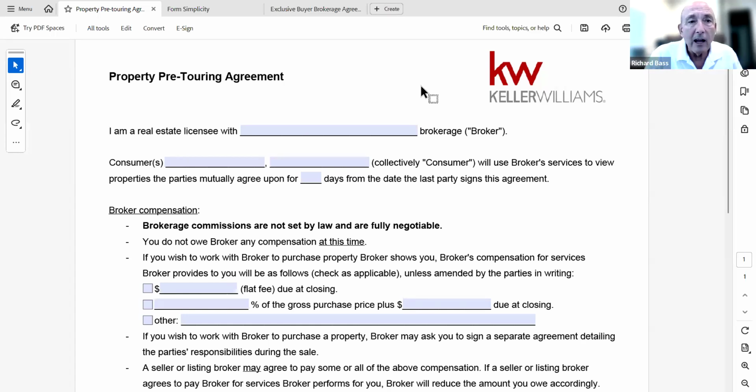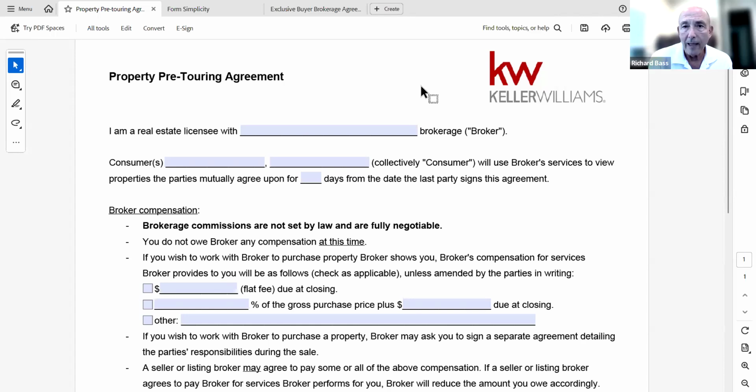All right, so today I'm going to quickly go over the three different types of agreements that you can use when you're working with a buyer. As you're all aware, last year things changed, and as of August, whenever a realtor is working with a buyer, you must have a signed agreement with them.